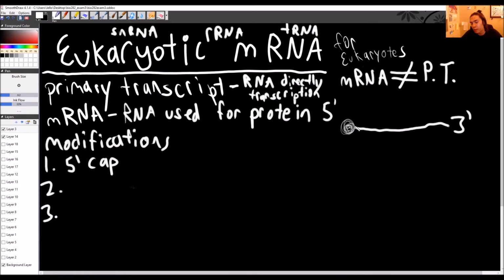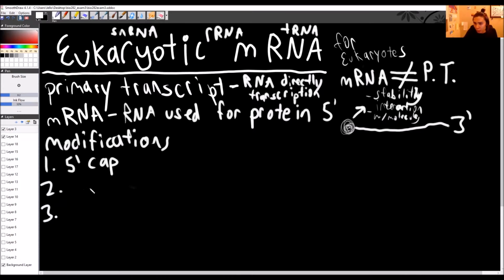You don't need to know the specific name of it, just be aware that something is added to the 5' end. And this thing serves a couple of different purposes. I'll talk about 2 of them. One is that it offers further stability to the RNA. And also, the presence of it allows it to interact with new molecules compared to if it wasn't on there.